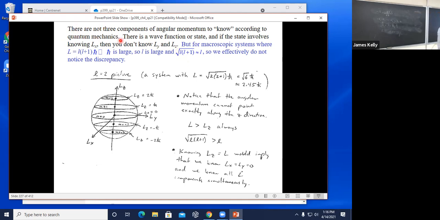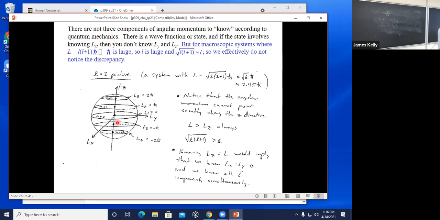Griffiths says something to the effect that there aren't three components of angular momentum to know in this case. There is a single state, which is some linear combination of all of these. And if you know Lx definitely, then you don't know Ly or Lz definitely. There's some uncertainty to them.